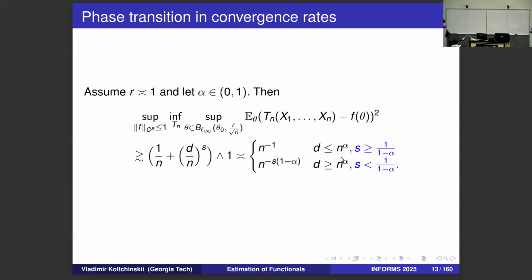This condition is present all the time in statistics, the conditions that I wrote, and it's all the time present in lower bounds. It's not something unusual. Okay, I'm talking about the functional estimation problem.